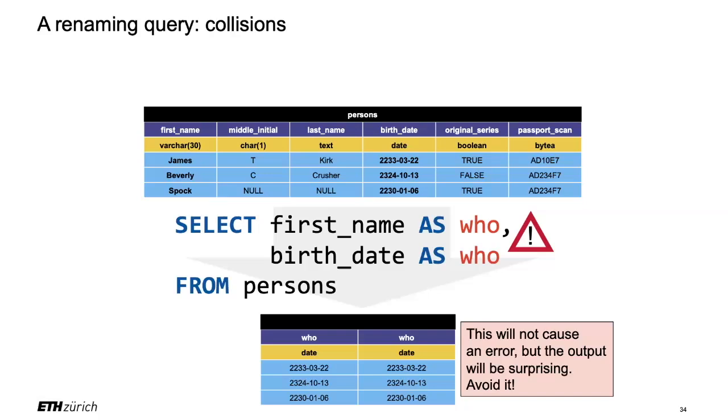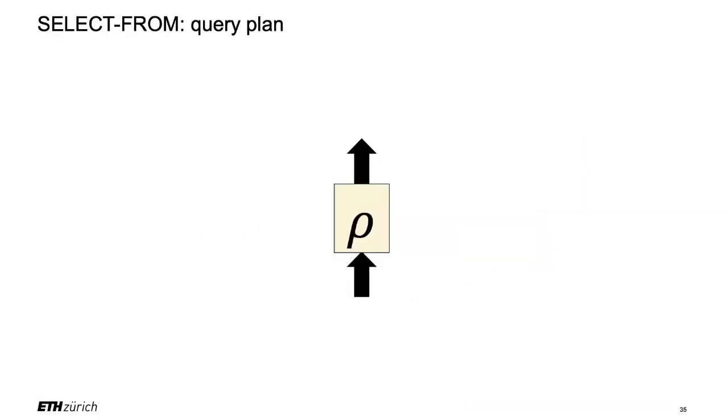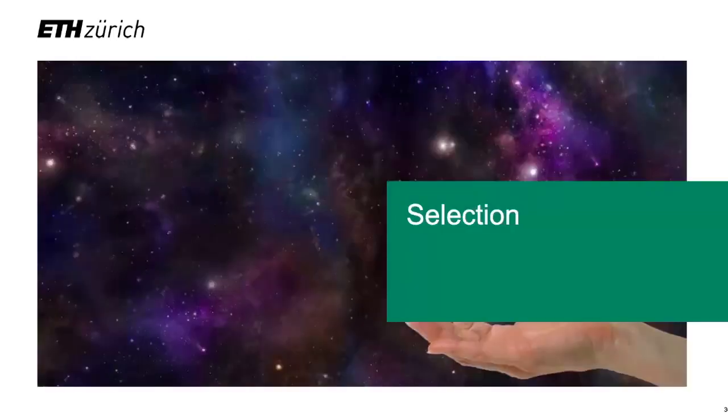It's probably using internally different names or renaming them in some way, or maybe creating who1, who2, this sort of thing. Just don't do it. Be careful to always stick to the relational model that we studied with different names for every attribute. Okay, and the query plan here would just be a rho in there.